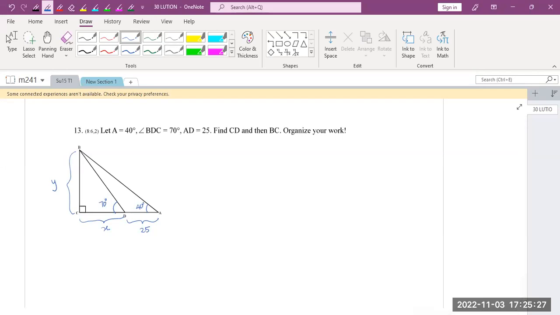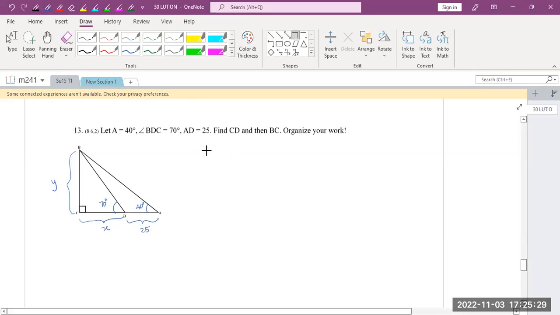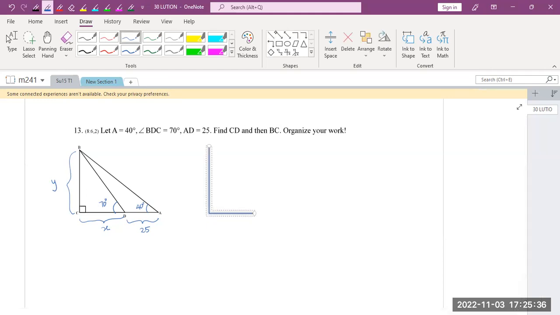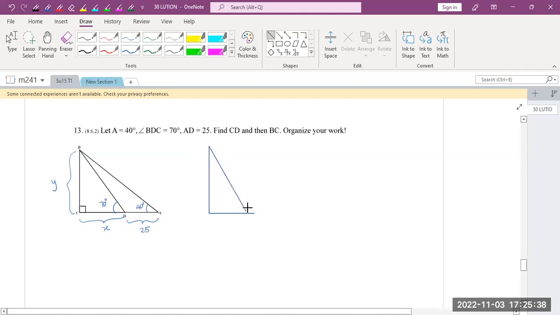If I redraw the triangles, this is the smaller one. This is 70 degrees. This is X. This is Y. Now the bigger one.